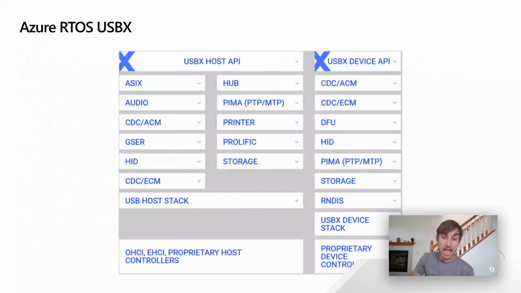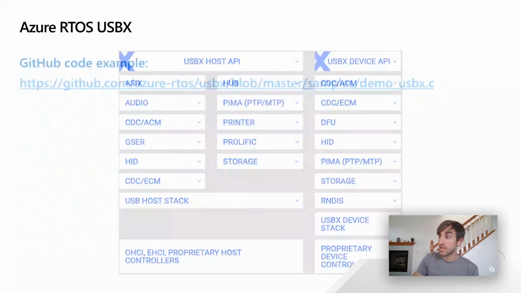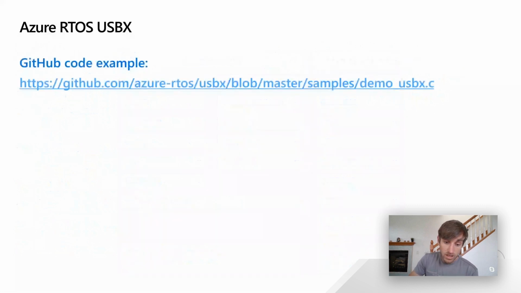And we've got a great example that shows you how to build your own device and host classes as well. And that's the example that I wanted to show. This example, again, is on GitHub.